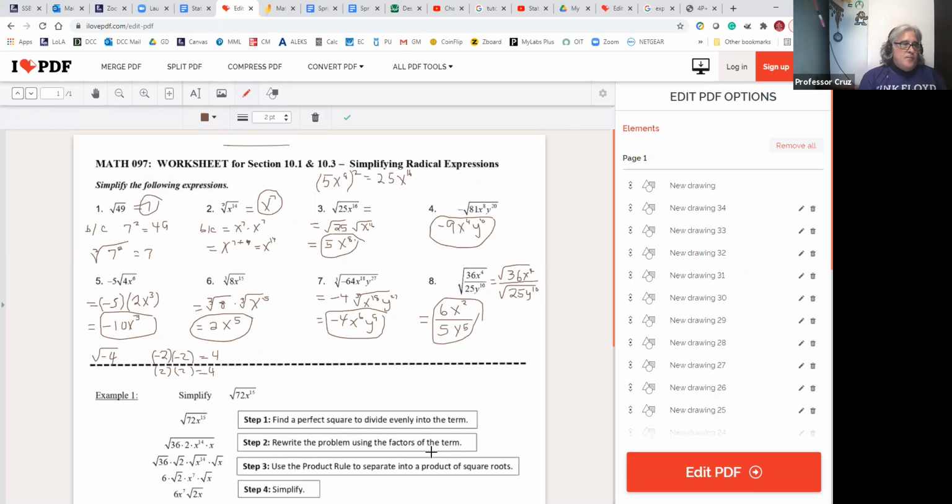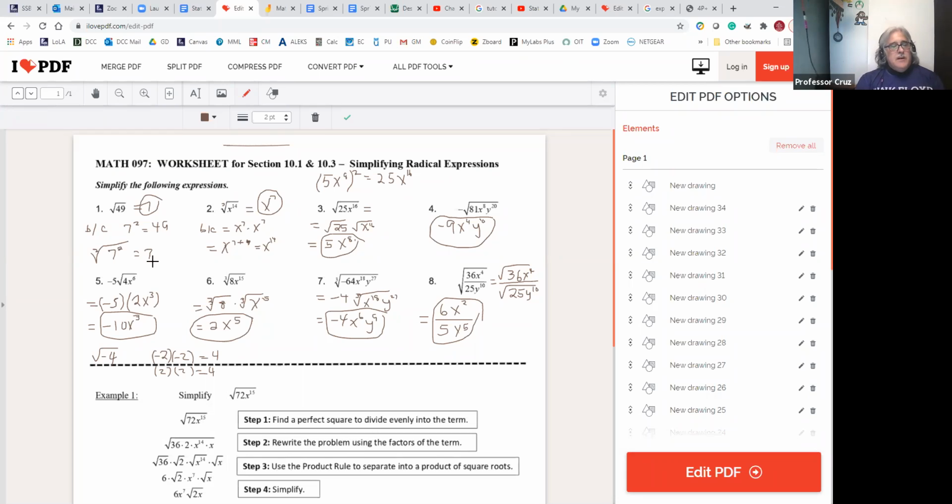So, just based on what we call perfect squares or perfect cubes, basically you no longer have a radical sign anymore. These things all simplify out to be what we call rational numbers.